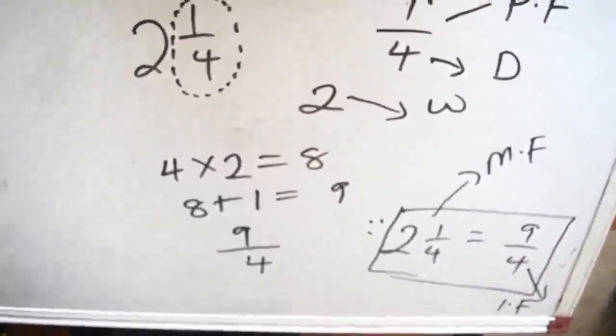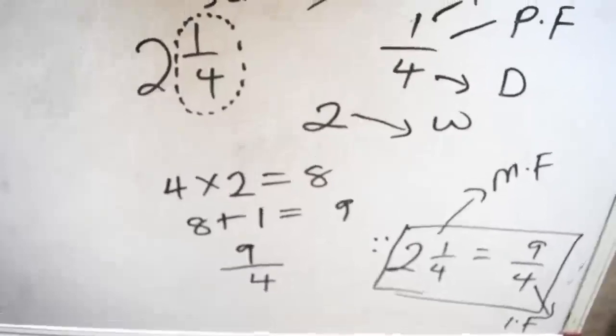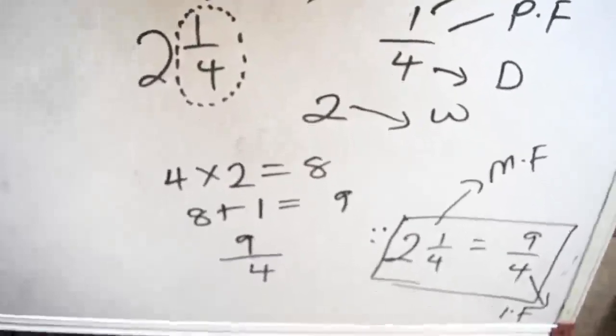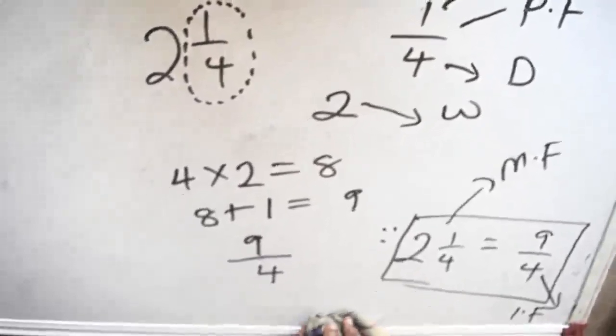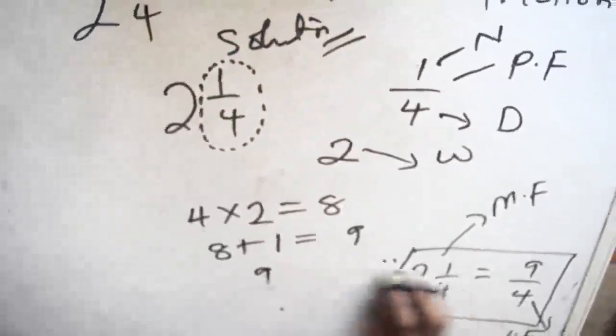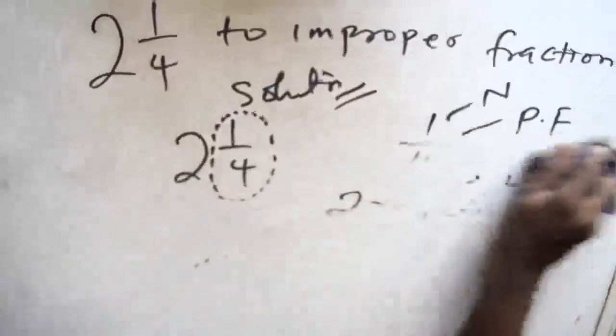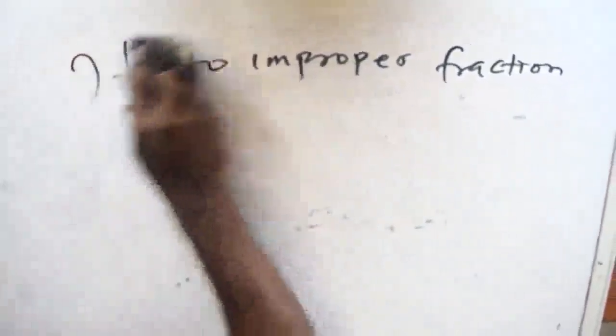So both of them are the same. The only difference between both is they exist in different forms. That's all. Okay, let me go on again to give you guys another example to make sure that you understand vividly what the conversion of mixed fraction to improper fraction is all about. Please do not cram it. Follow the steps judiciously. All right.